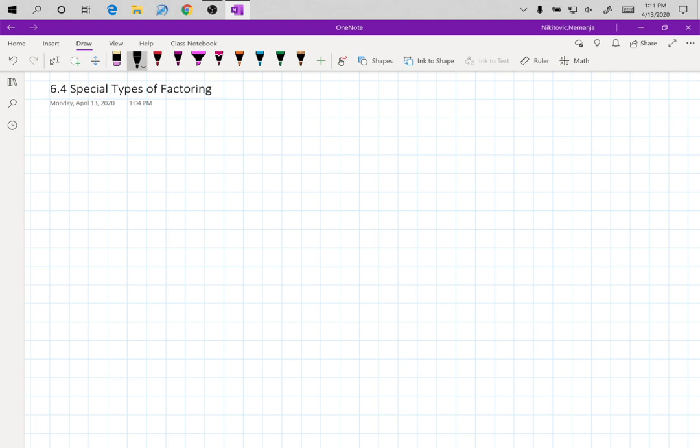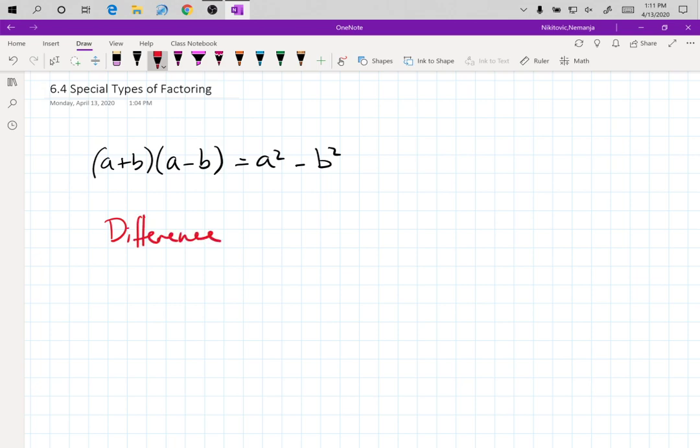special products. The formula you learned last time said a plus b times a minus b is a squared minus b squared. The factoring version will be called difference of squares, and it's the same formula, it's just read the other way.